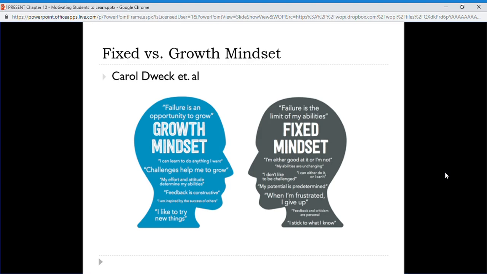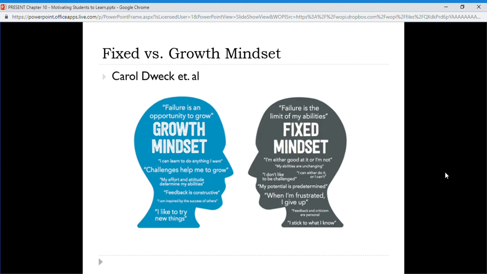We're stuck at one place. That's it. So with a fixed mindset, success is a direct affirmation of a person's intelligence. So failure must then be avoided at all costs in order to carry on believing that one is smart and skilled.